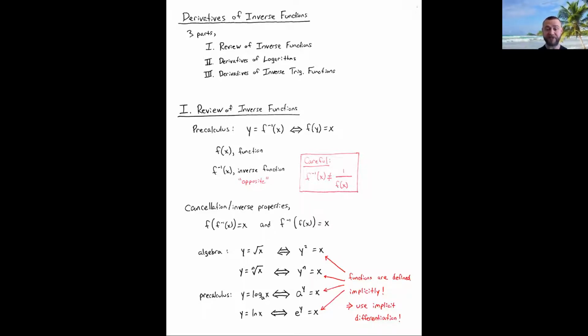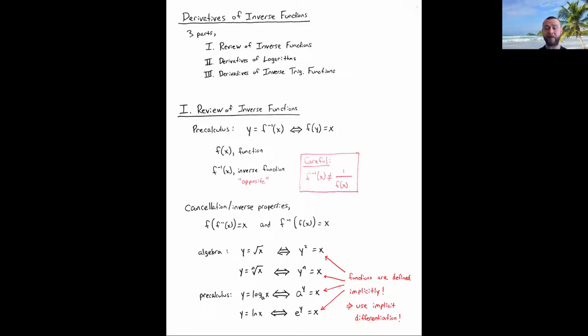So what we're going to get to, if we're talking about derivatives of inverse functions, is that we might use this converted form and combine it with implicit differentiation. Notice on the right-hand side there, y squared, you can use the power rule, e to the y, the exponential rule. The right-hand sides there in implicit form are going to be much easier to work with. All right, so that's basically for part 1.